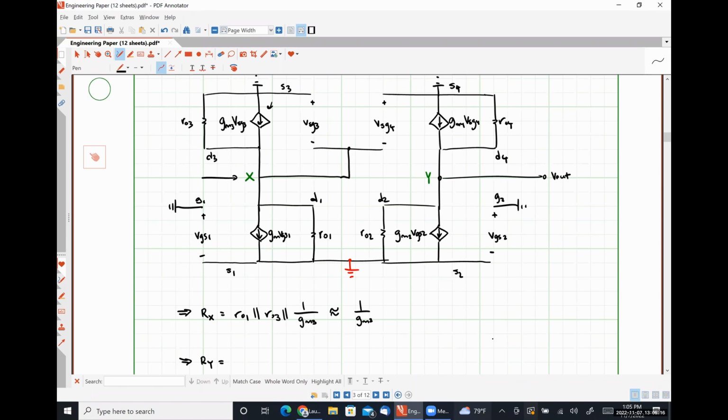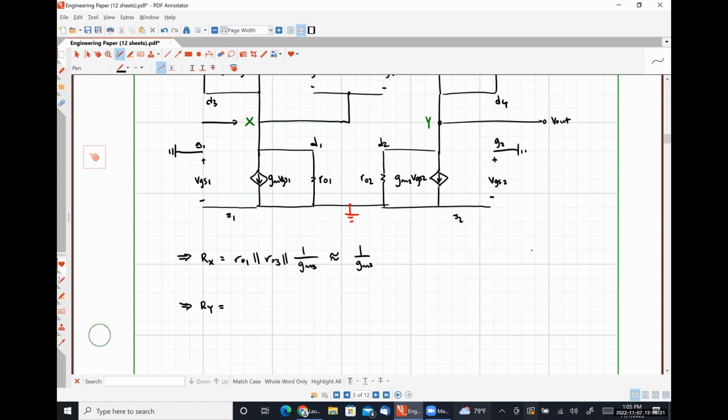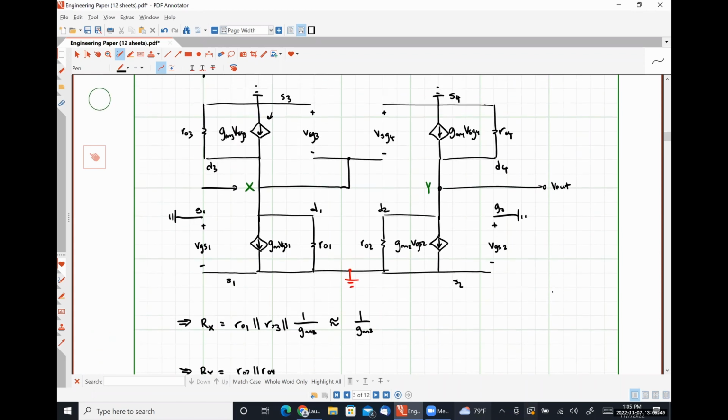We see only R02 in parallel with R04. So those are our two resistances. Are we okay with that? Is anybody willing to say they're not okay, I guess is a better question. All right.